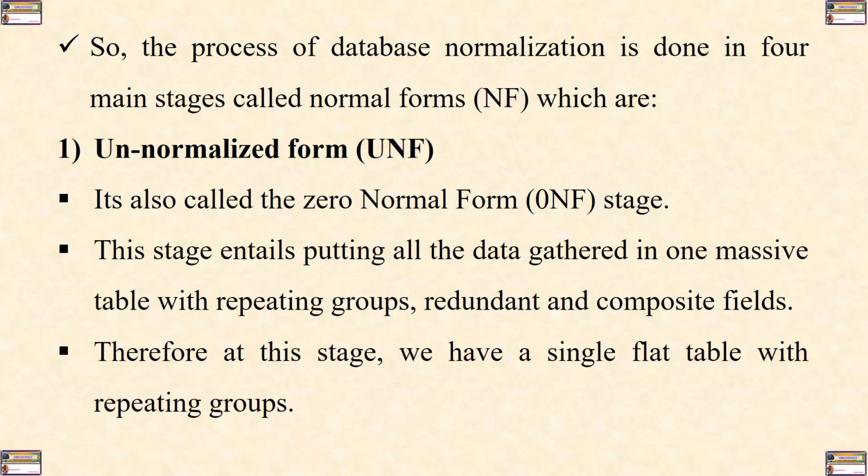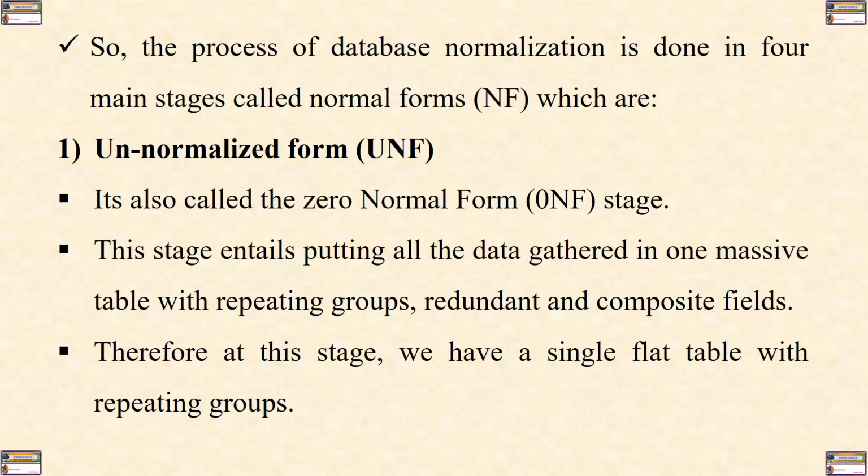And at this stage, we have a single flat table. In fact, it does not even qualify to be called a table, but just a flat file. This flat file contains all the data that you have collected, put together. And therefore, this data contains a lot of repetitions because it is not organized properly. So it just holds raw data, which you then take through the normalization process.